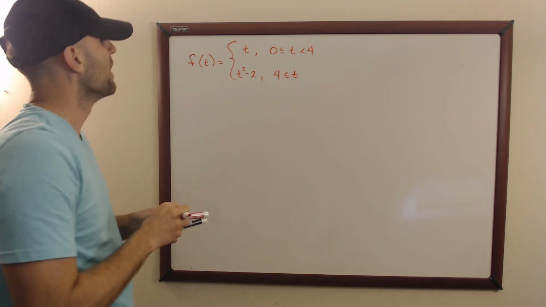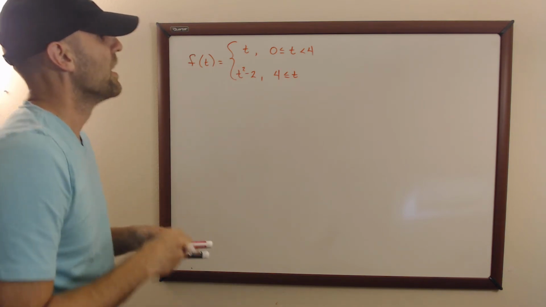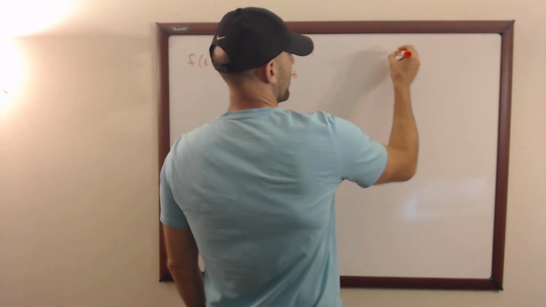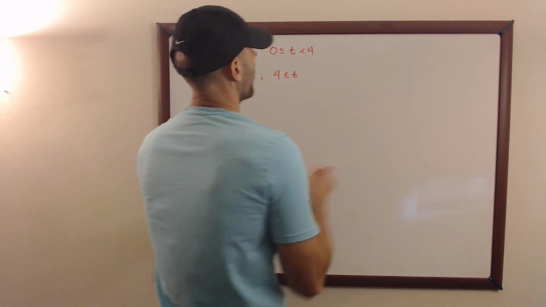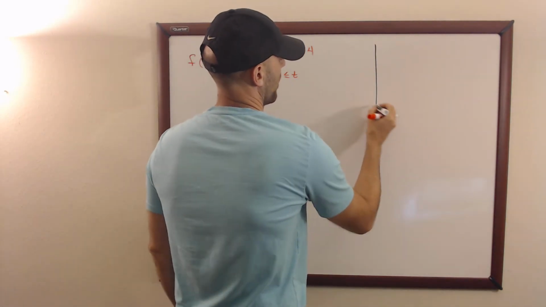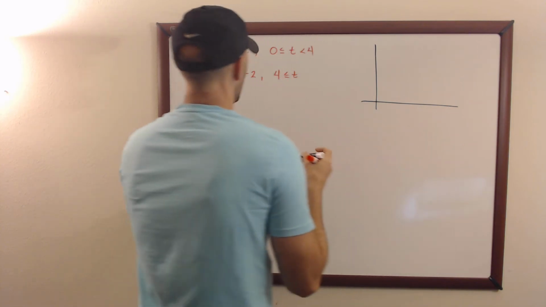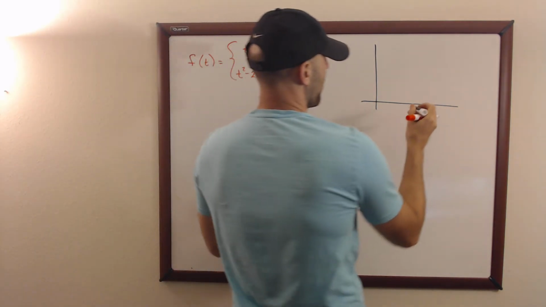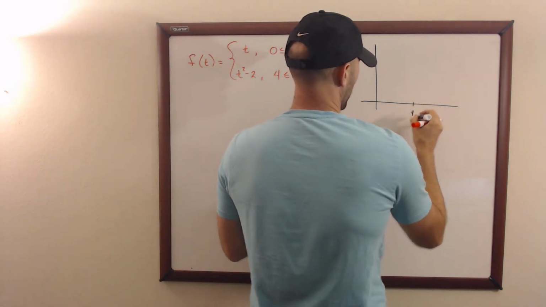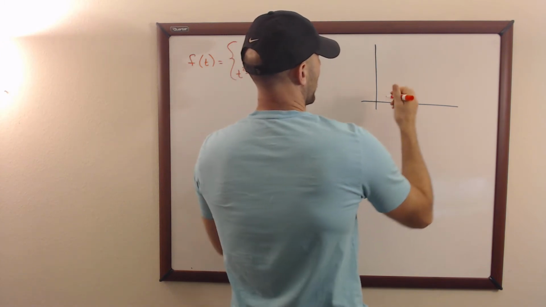All right, so let's see. If I'm graphing this, here's what I've got. From 0 to 4, this looks like a line.